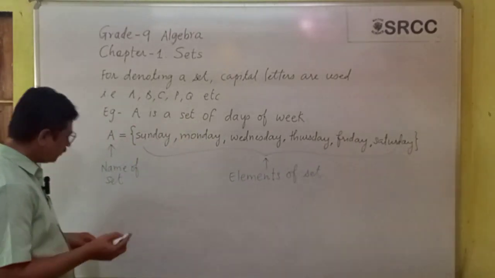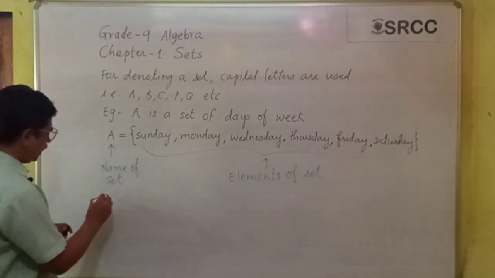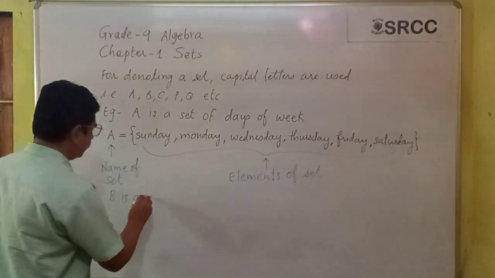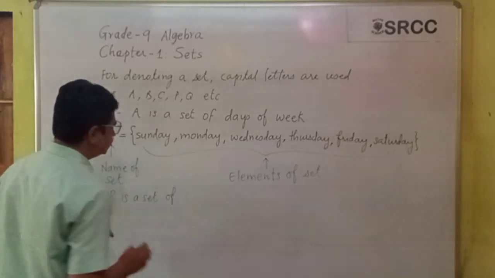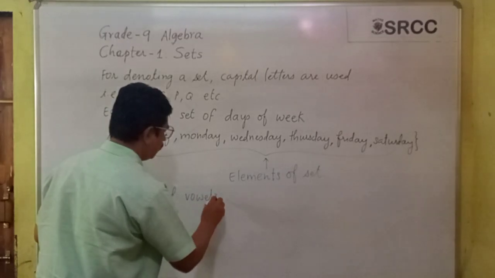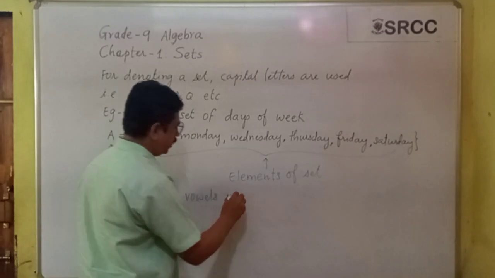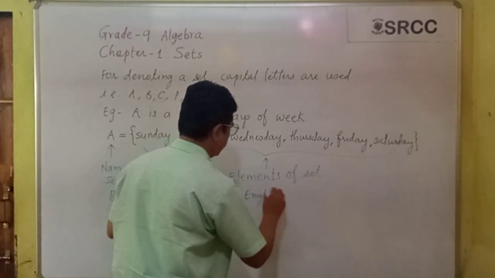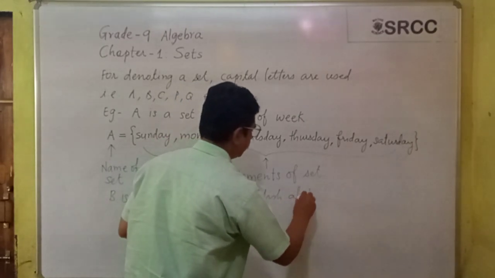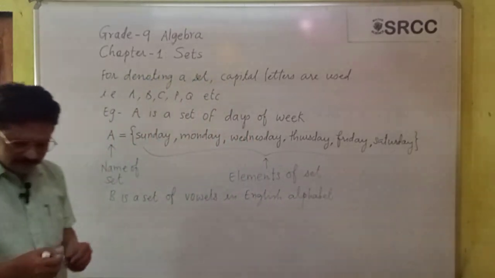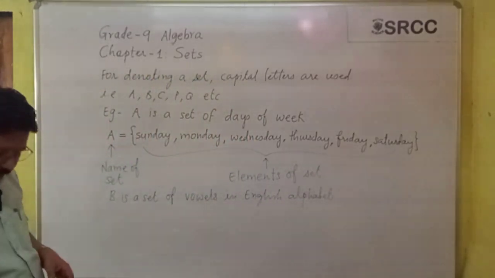Further, let us take one more example. Say B is a set of vowels in English alphabet.